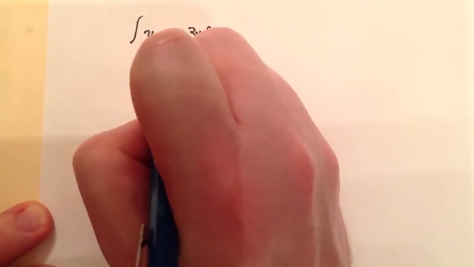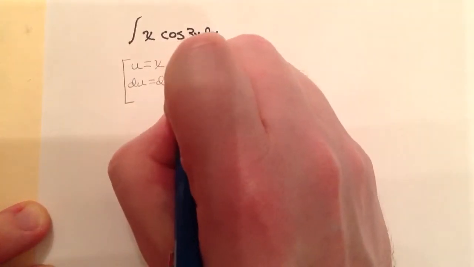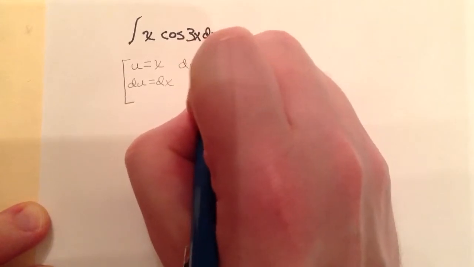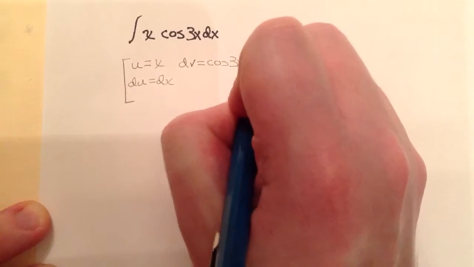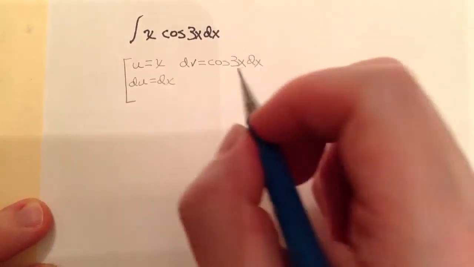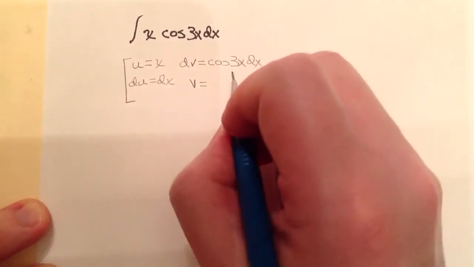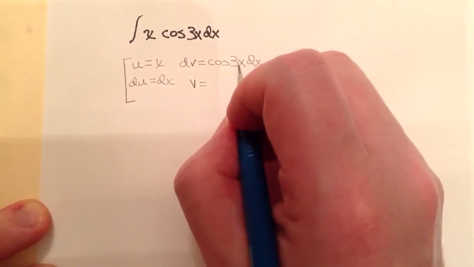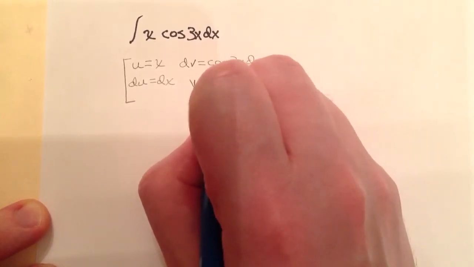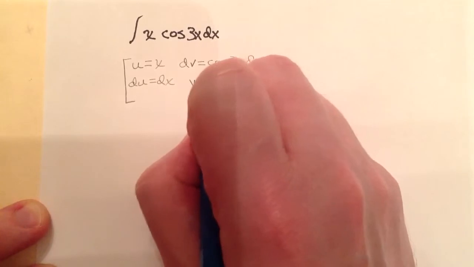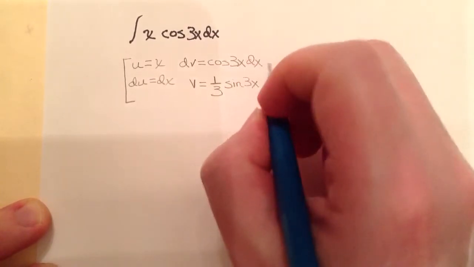Again, with u, we take the differential, and that which we set to dv, we're going to take the antiderivative. Having set dv equal to the cosine of 3x dx, the antiderivative of cosine is going to be sine, and with the multiple angle, we're going to divide by the coefficient alongside x for the angle. So for the antiderivative, we have that v is equal to 1/3 of the sine of 3x.